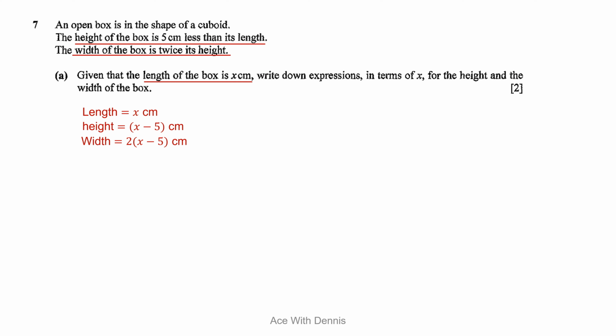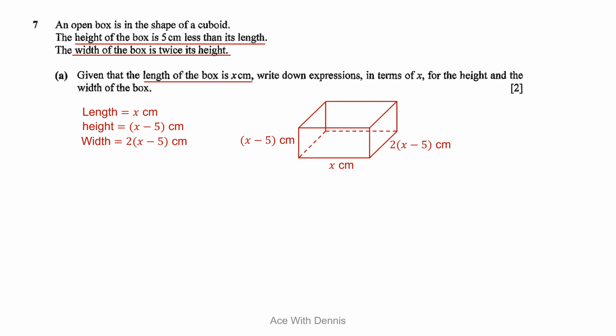Hence, width equals 2 times x minus 5 cm. We can also sketch this box and label all these parameters. So this is a cuboid box. The length is x cm, the height is x minus 5 cm, and the width is 2 times x minus 5 cm. With this diagram, we can easily answer the next question, B.